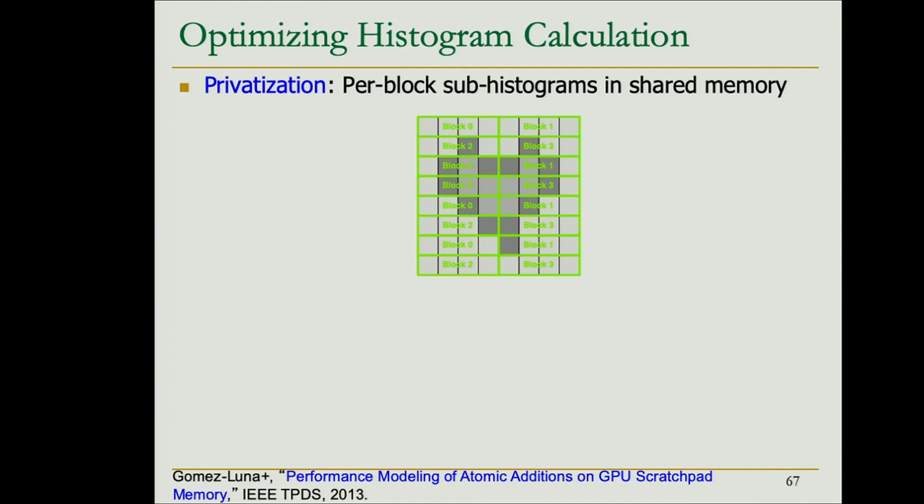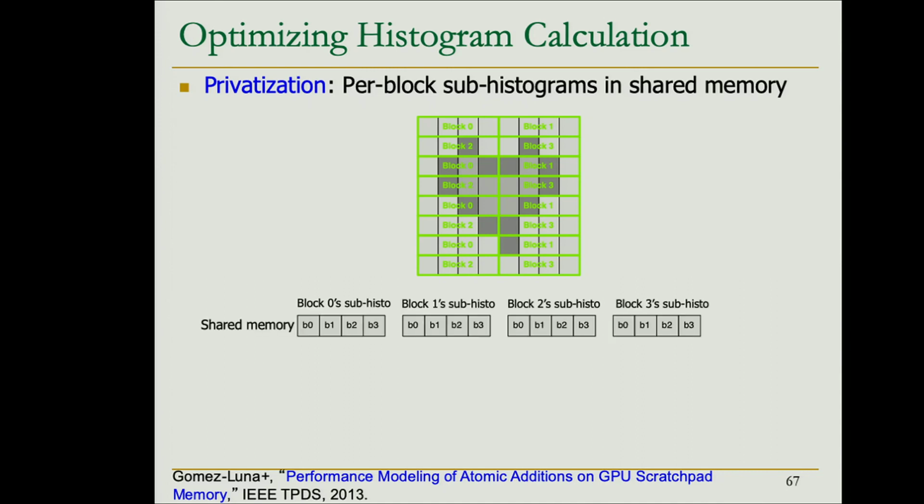This is only an example of usage of atomic operations and privatization, because if I map this top-down approach to a GPU, I could have privatization, like small queues assigned to each of the thread blocks, such that each thread block only needs to update its own queue, and at the very end of the kernel, I will merge all the small queues. So this is privatization, and this is what we can also do for histogram computation.